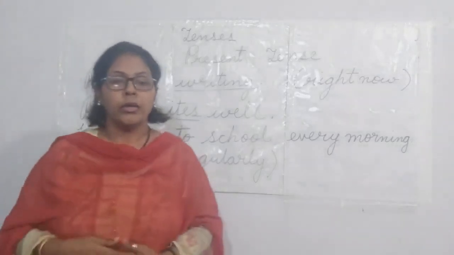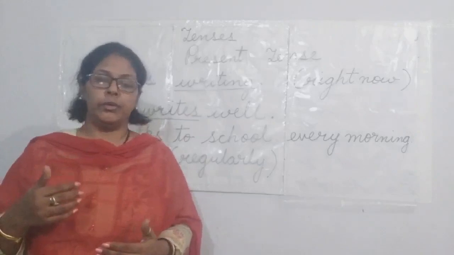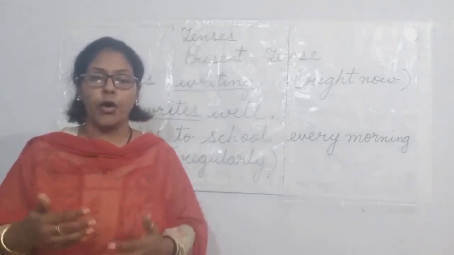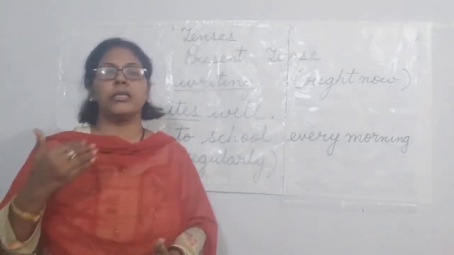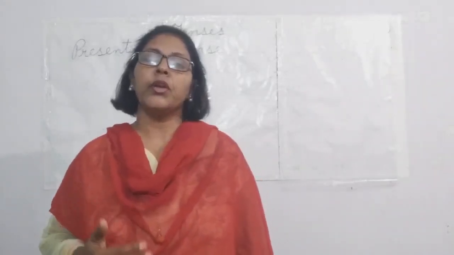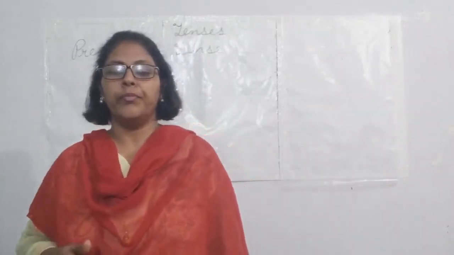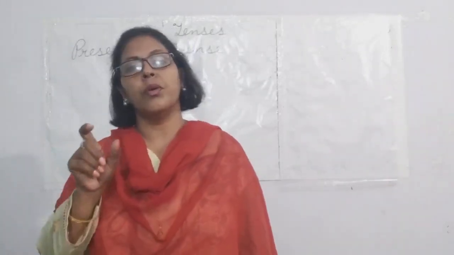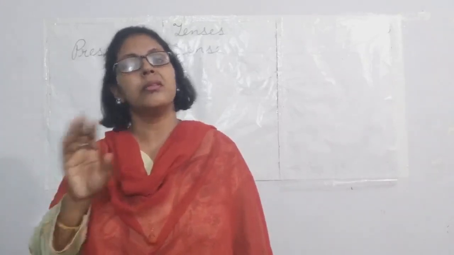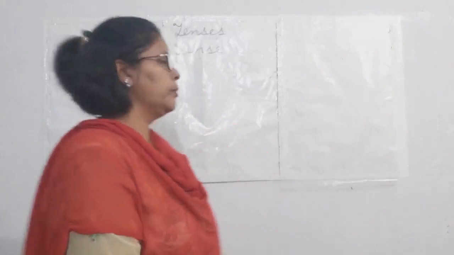Now, some of the ways to form the present tense of the verbs. Like how to form verbs into present tense. Next one, using the verb as it is. So sometimes the verb remains the same. It does not change at all. So I'll show you with examples here.